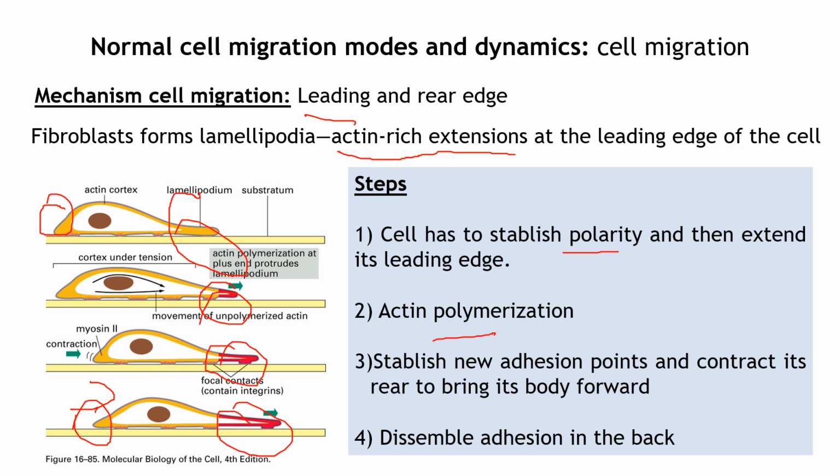Then you need to find adhesion points. Here you find an adhesion point that is going to help the cell to create friction, and then you disassemble the adhesion in the back. This is constantly happening during development and also happens in cancer cells.